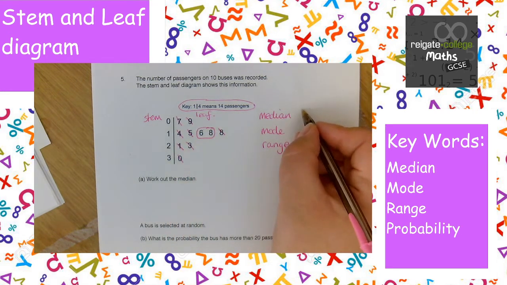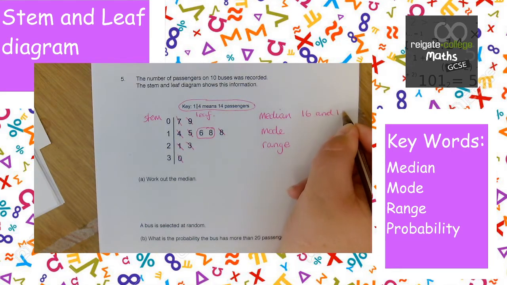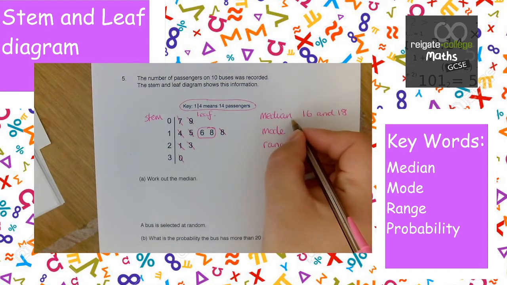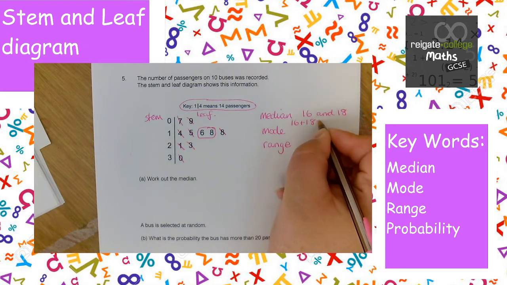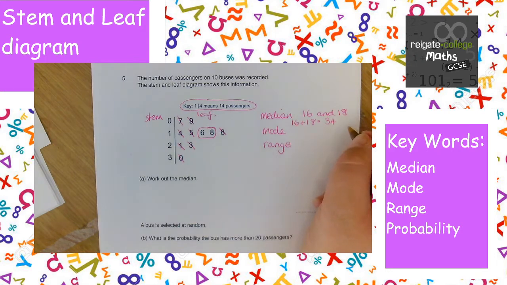They are 16 and 18. Now, if you remember, we have to find the value that falls in between those 2. So what we're going to do is add 16 and 18 to make 34. Divide 34 by 2, which gives us a median of 17.